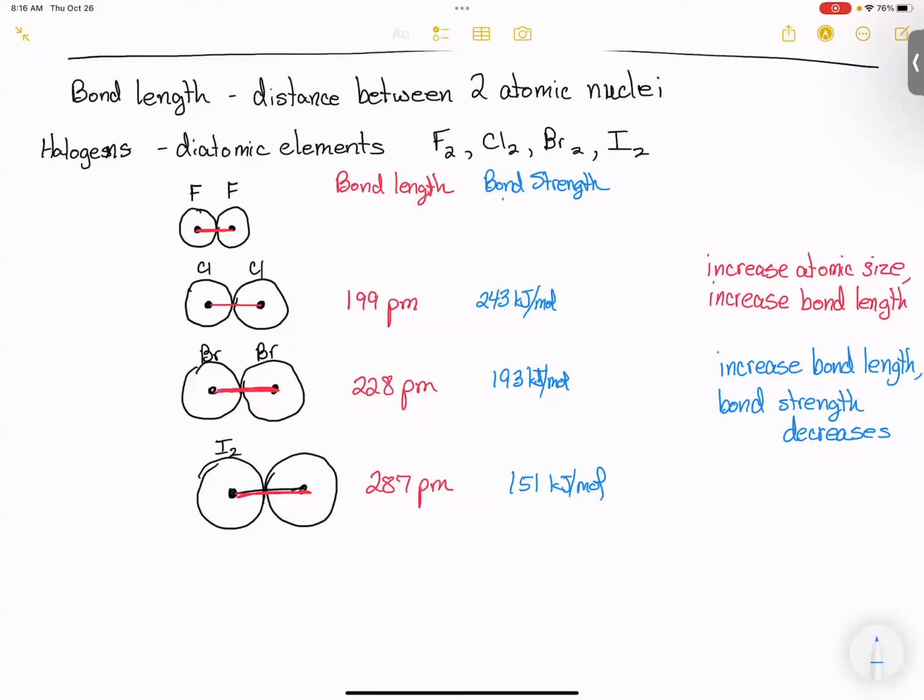So the size of those atoms is larger as you go down the group. Because the size of the atom is larger, the distance between the atomic nuclei is longer as you go down a group. Because the distance between the atomic nuclei is longer, it is easier to break.